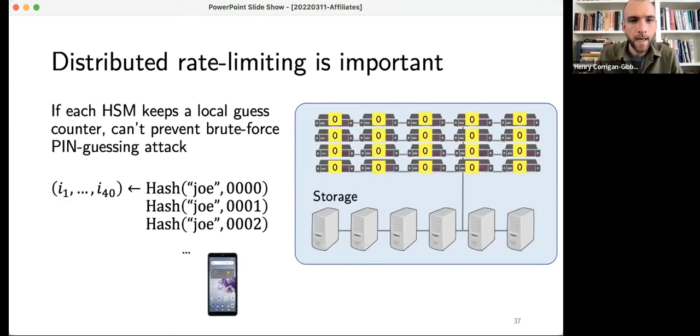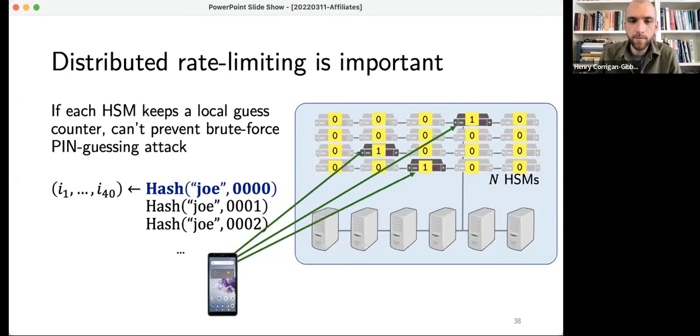This is how we try to rate limit the number of guesses that a user can make on the PIN. Let me explain why distributed rate limiting is important in this setting. You might think, why doesn't each HSM just keep a local counter of how many guesses the user has made of the PIN? The reason that doesn't work is that the user could get way more guesses than they should be able to get. Each PIN guess will cause the user to communicate with a different set of HSMs.